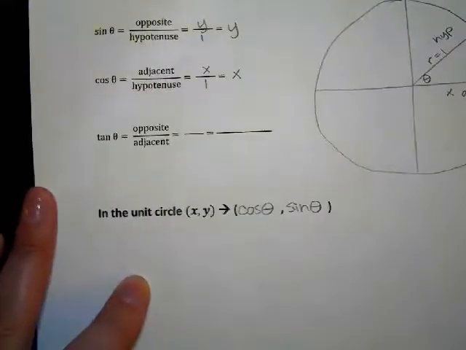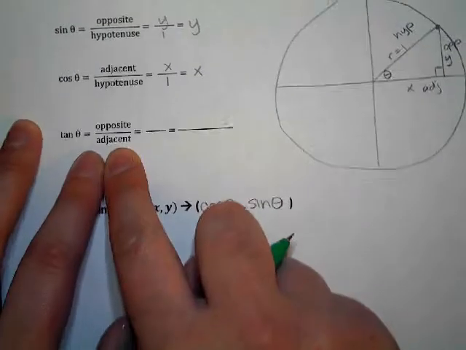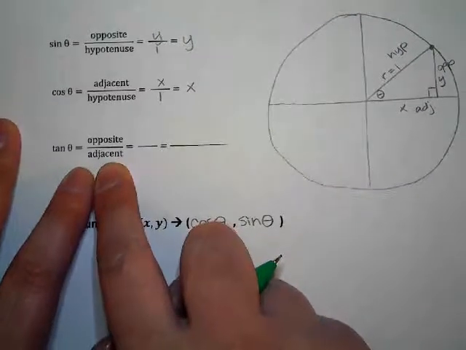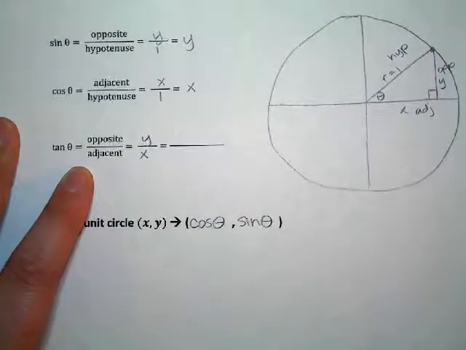Now, tangent is opposite over adjacent. So what's the opposite side? Y. Adjacent is x. So tangent is y over x, which is also the same as sine, because sine is y, x is cos.